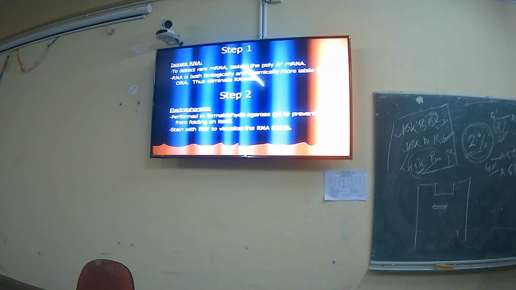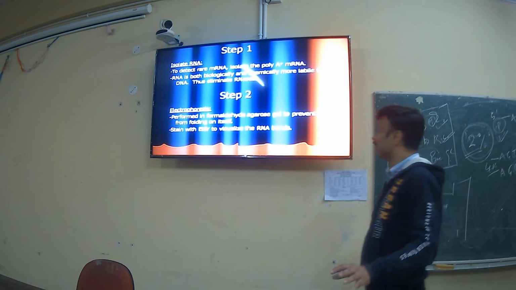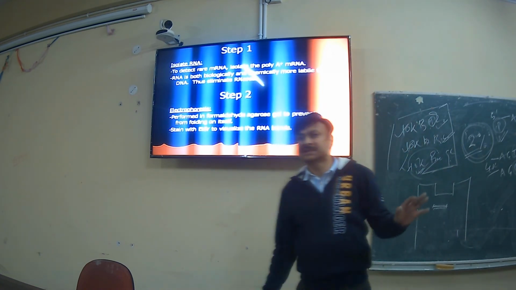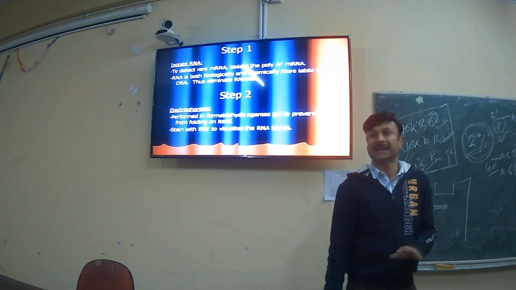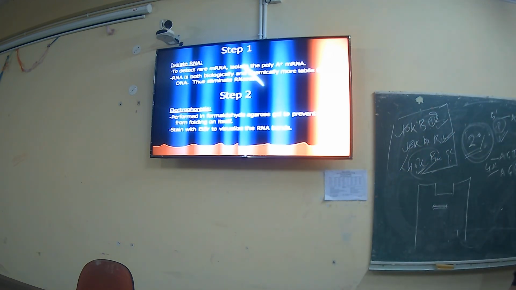In step 2, after the isolation of the mRNA, is the electrophoresis, and this is the normal electrophoresis done with agarose gel electrophoresis. The important thing is that in electrophoresis you have to keep the gel submerged in formaldehyde solution, because formaldehyde keeps the RNA in the single stranded form and prevents the RNA from forming double stranded structures.